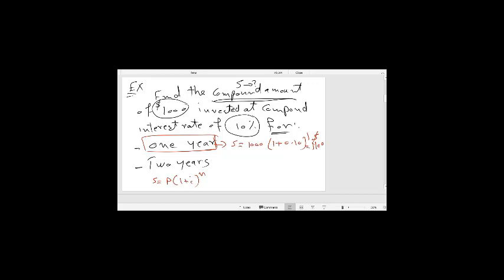For the second year, or after 2 years, S will be given by $1,000 invested at 1 plus 10% to the power 2. This results in $1,210.